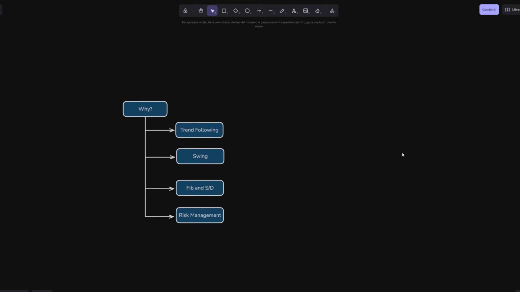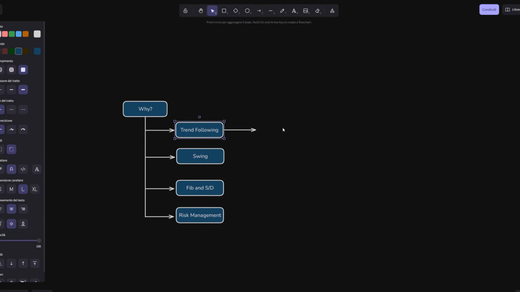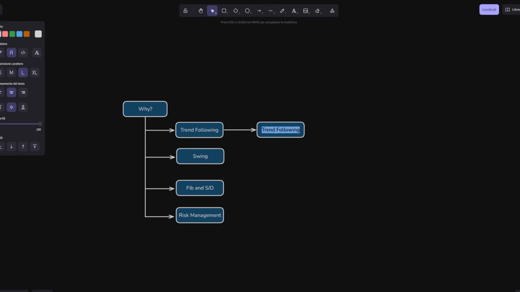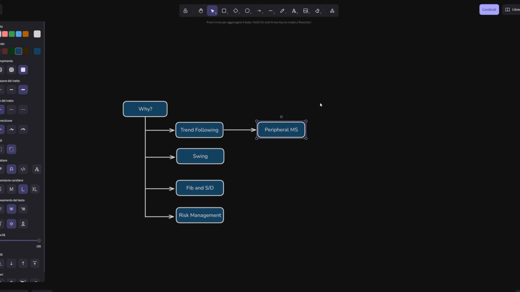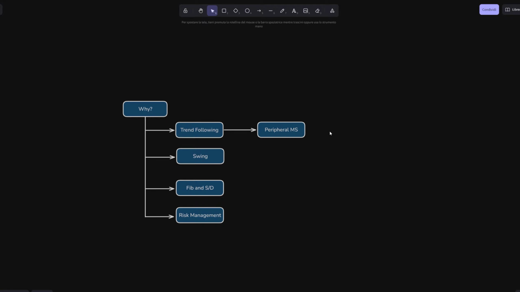So I will focus on small time market structure. I will call this peripheral market structure. And this is one of my main concerns.